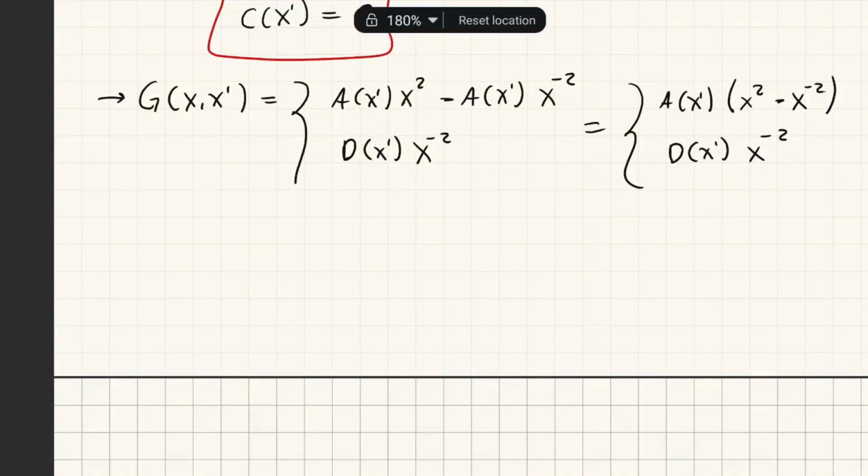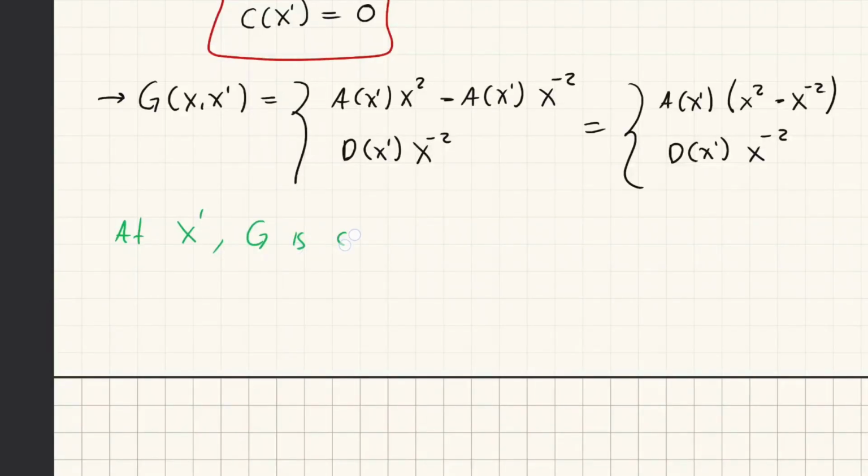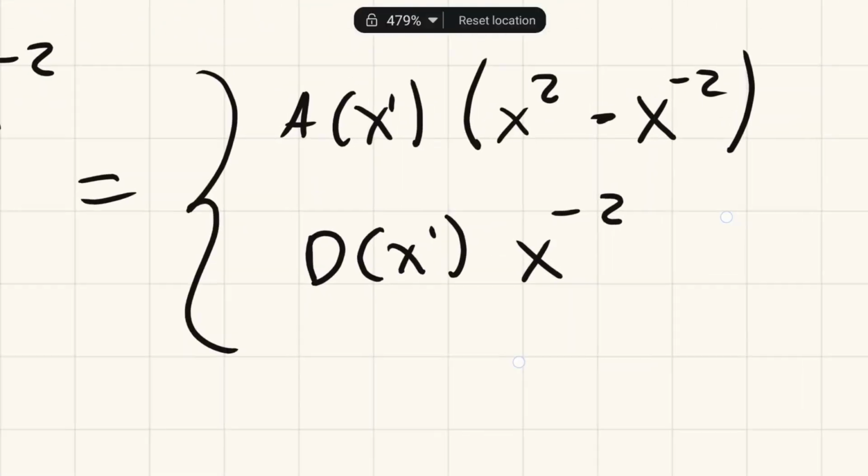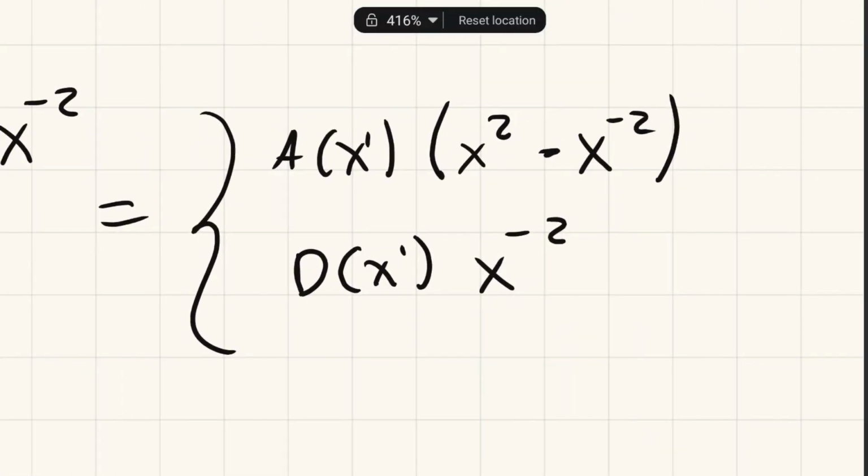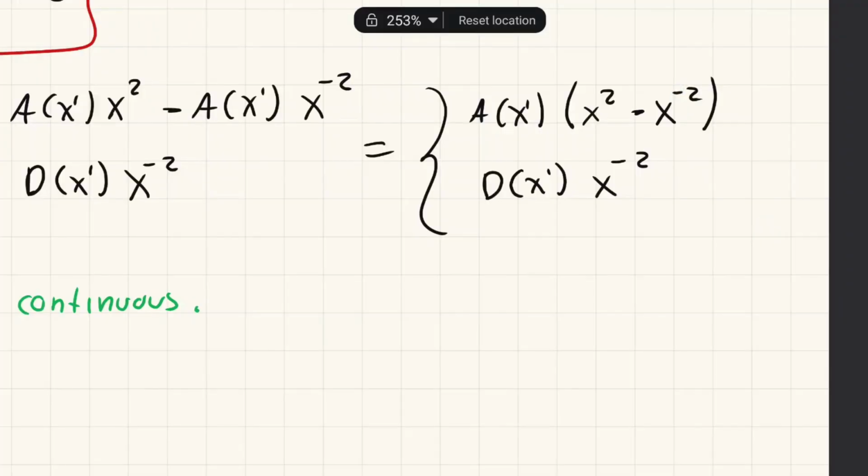So what is next? What can we do to find the values of a and d? Well, we know that at x', G is continuous. So that means that these two pieces should be equal when x is equal to x'.